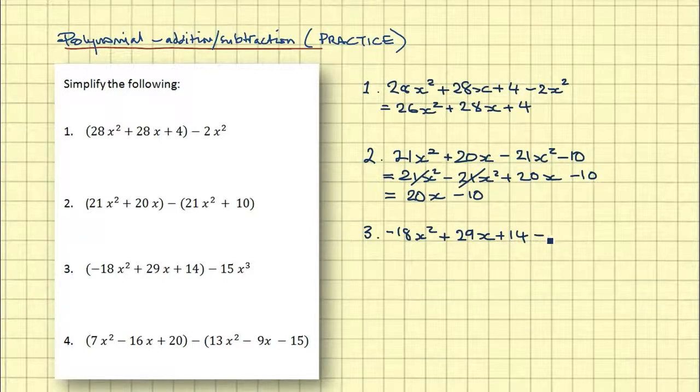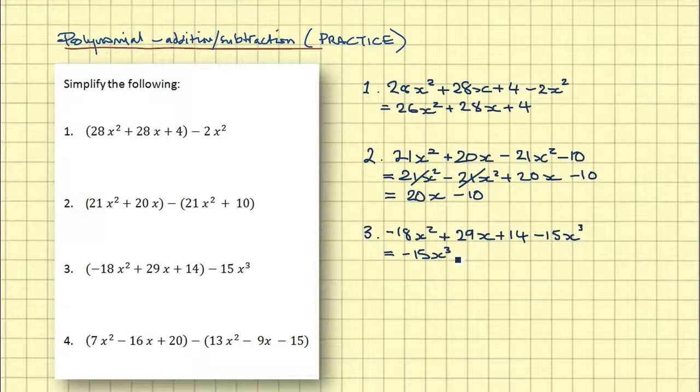Okay, so we start with negative 18x squared plus 29x plus 14, subtract 15x cubed. And I guess the little trick here that's been thrown in is this x cubed. So at the end we need to notice that that's an x cubed. So there's going to be more terms in the polynomial than we've had before, because we've got an x cubed, an x squared, an x, and a 14.